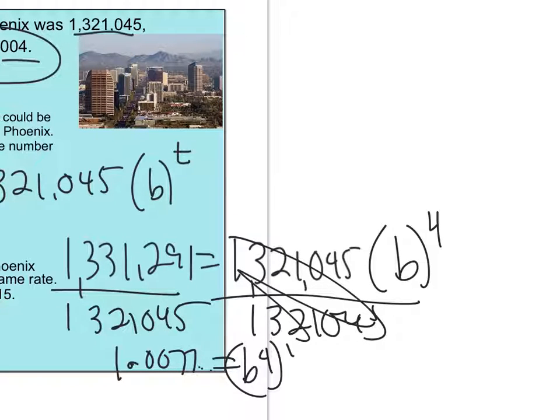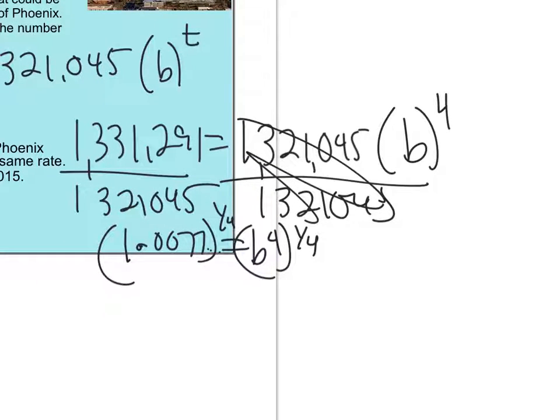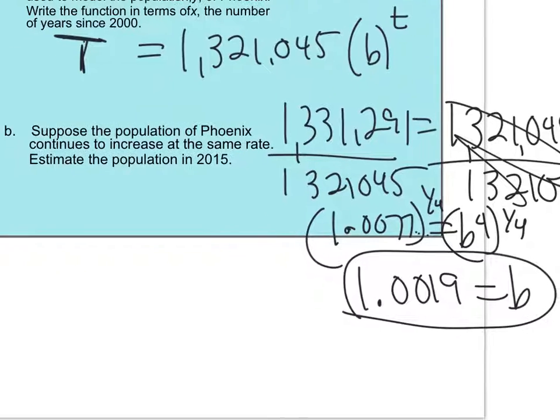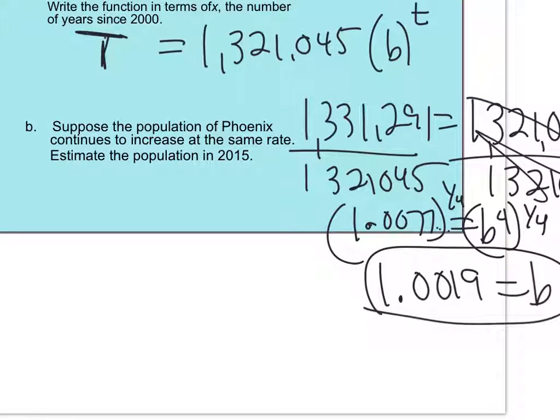So now I'm going to raise that to the 1/4. So I should get something like this: 1.0019. So that's my growth rate right there, something very, very small, 0.0019.